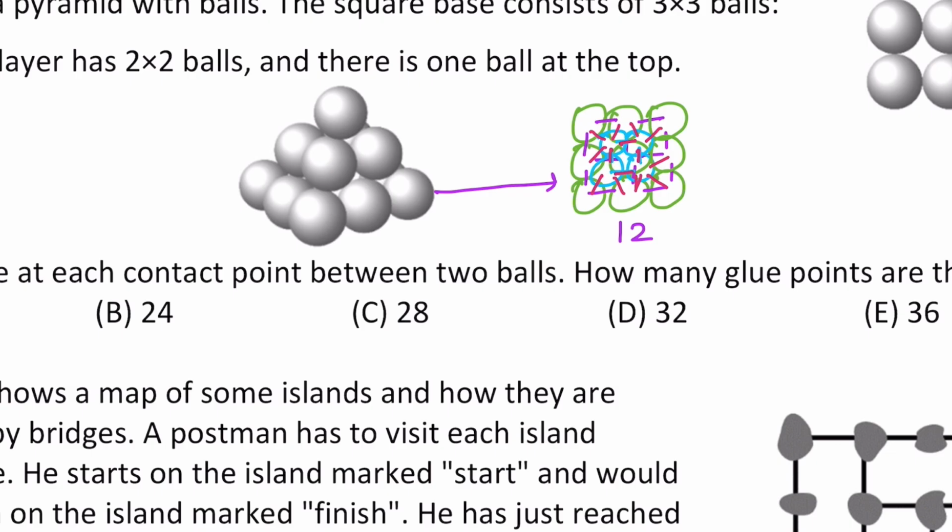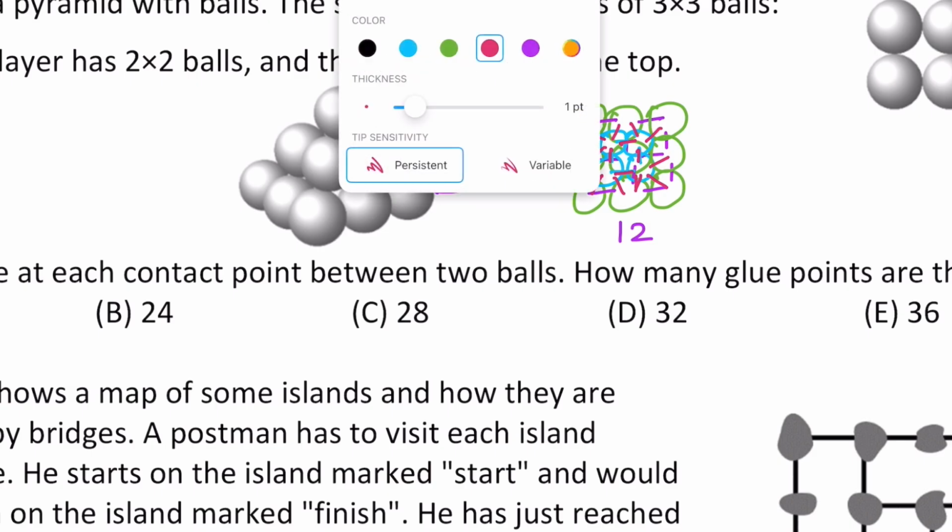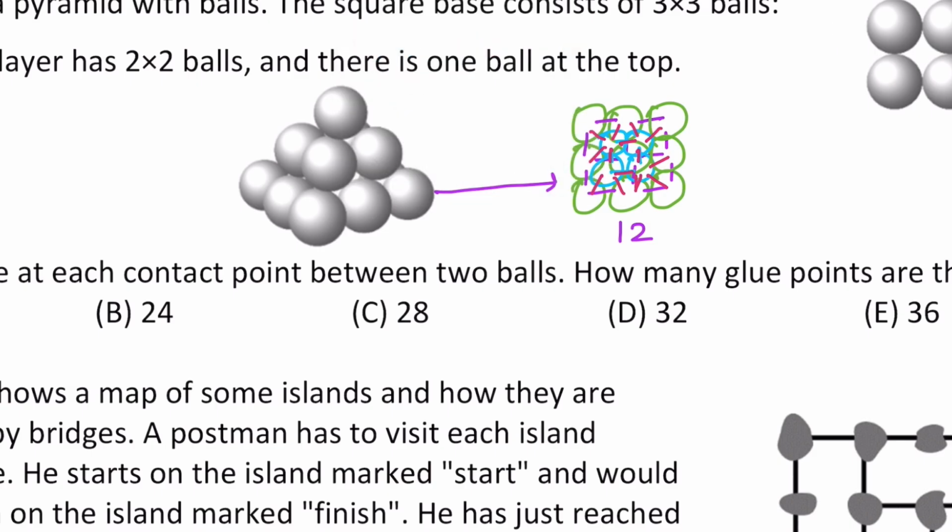And then there are contact points being made. It's a little messy, but there are contact points being made with these over here. So 1, 2, 3, 4, 5, 6, right? So that means in total we have 20 contact points being made.